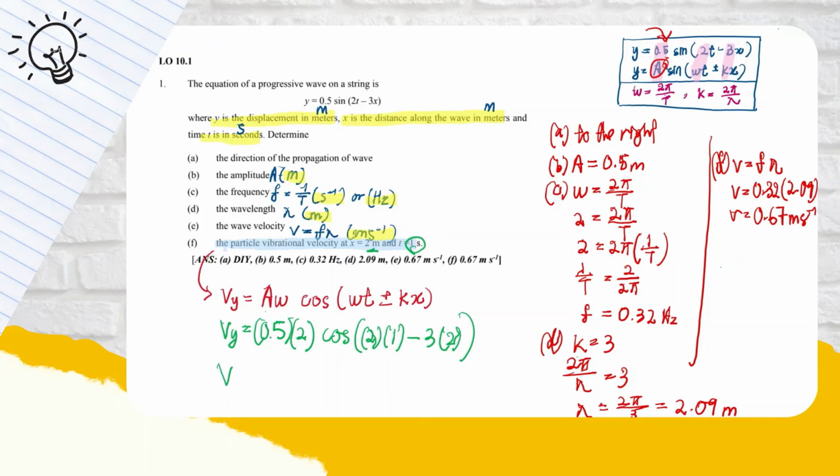So we use the calculator to calculate. So we get 0.67 m s^-1. Yes, we settle. That's all for question 1.